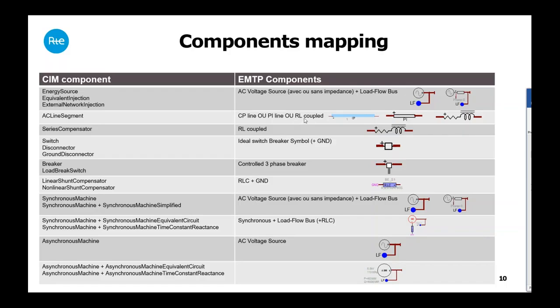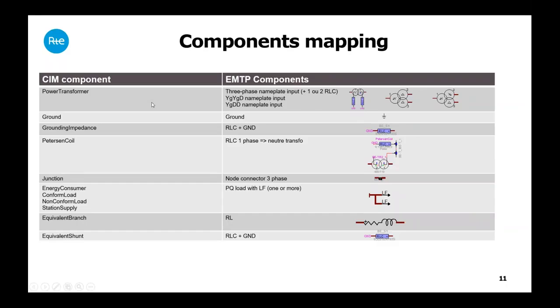It will depend on the properties of the AC line segment, the length, the presence of capacitors or not, etc. Okay. Other components, for power transformers, the same problem. We can have different EMTP components for one CIM power transformer.